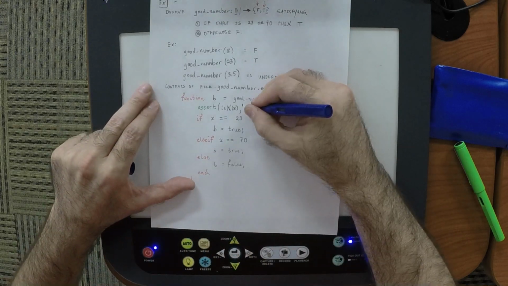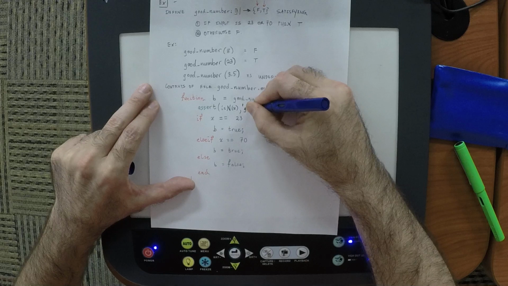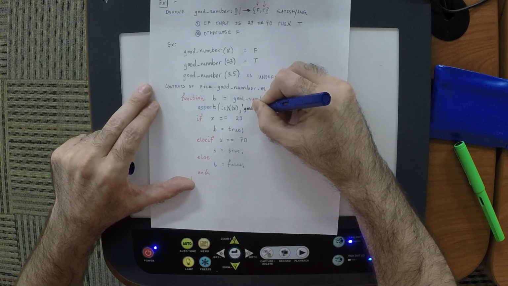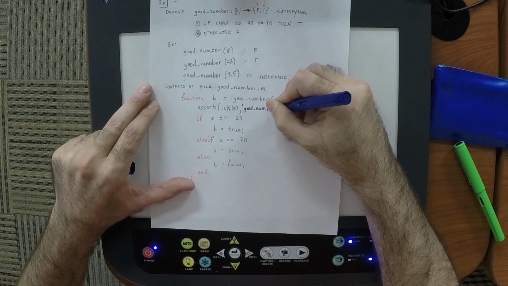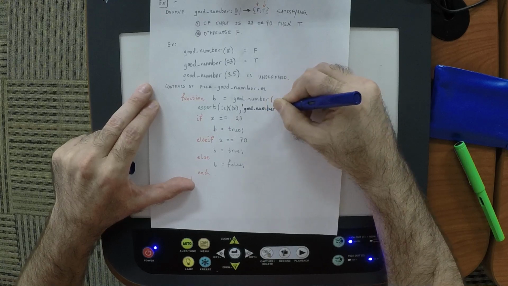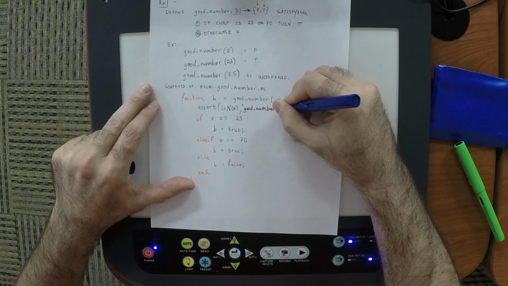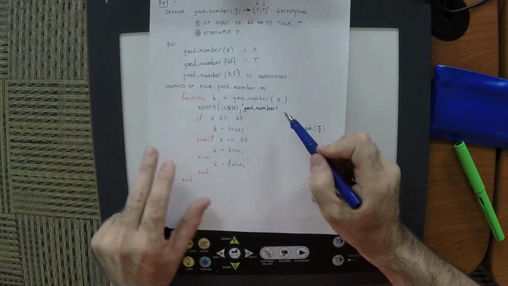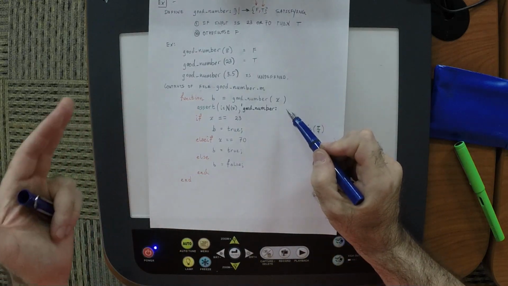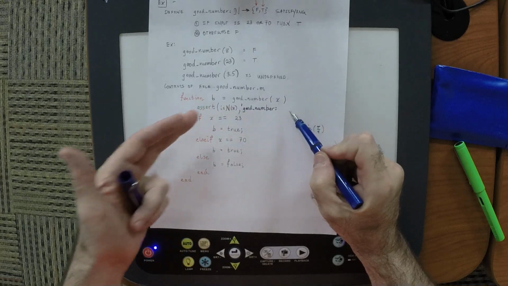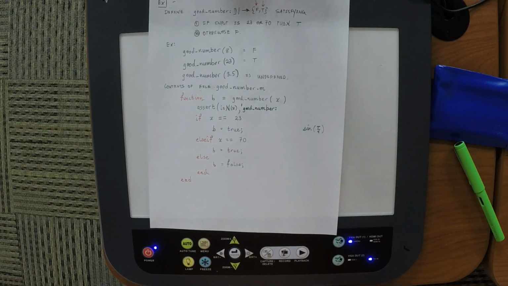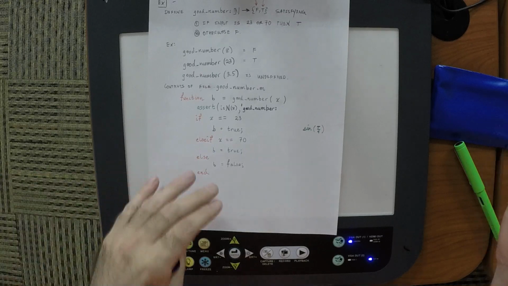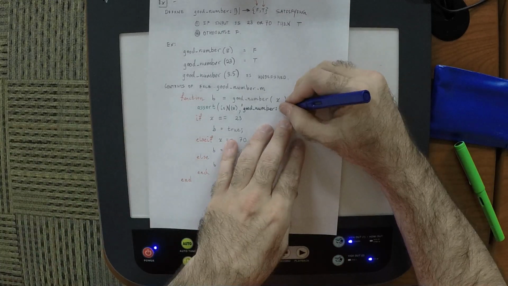Then you write the function's name, good underscore number, like so. And then a colon. Now you write something which says in what way something was violated. In the end, this is a domain violation, so I'm going to write domain.